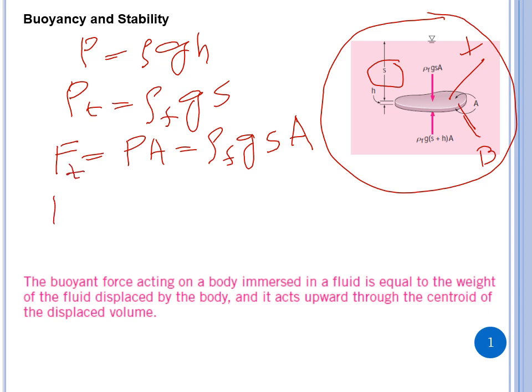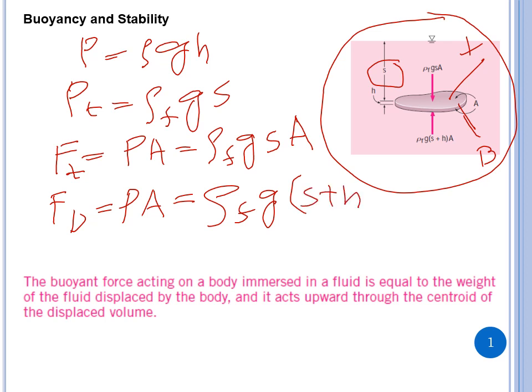At the bottom surface, similarly, pressure times area, and the pressure here is going to be rho of fluid g, and the height is going to be s plus h, times area.